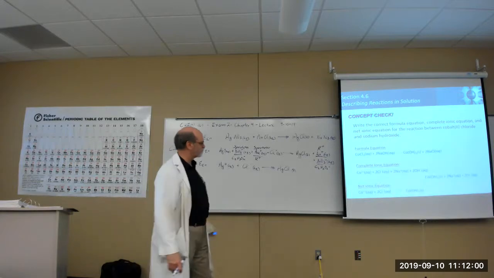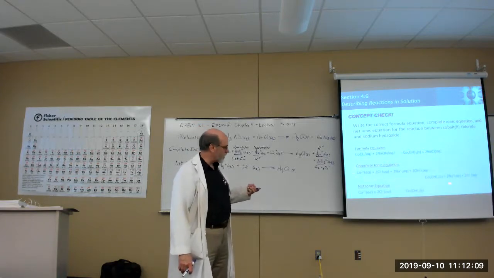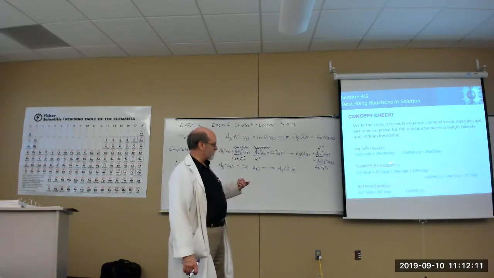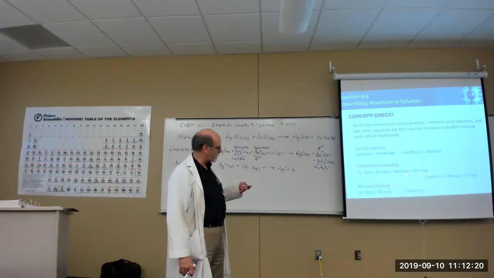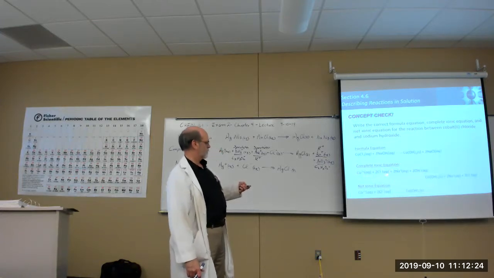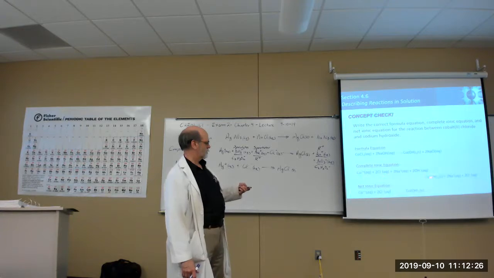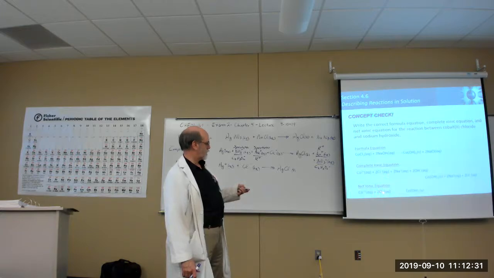Here's another example. Cobalt chloride, sodium hydroxide yields cobalt hydroxide, which is insoluble, sodium chloride, complete ionic equation. Get rid of the spectators. What are the spectators? Well, look at what's part of the reaction. Cobalt and hydroxide. So we keep cobalt, we keep hydroxide, and we get rid of the chloride and the sodium. Oops, that's not right. That is not right.